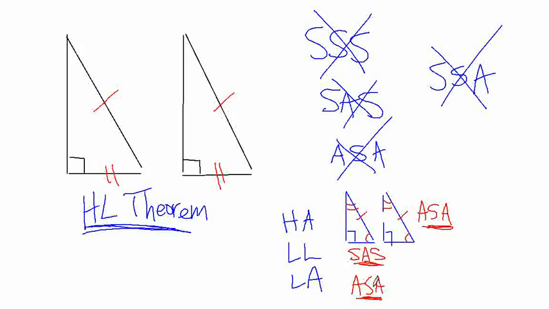Let me close this video now by applying the HL theorem to a puzzle, a proof. So think about this. You can pause the video and try to solve this if you like.